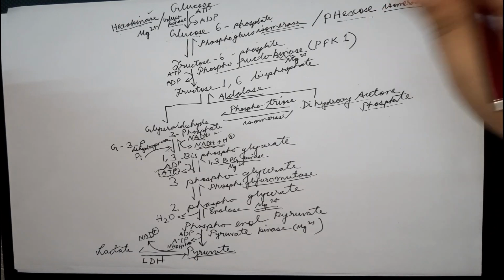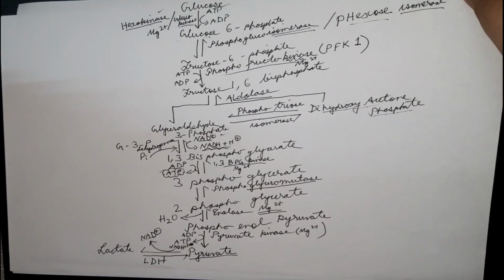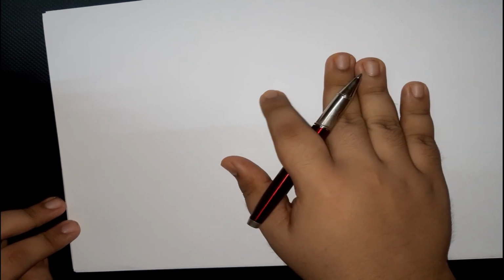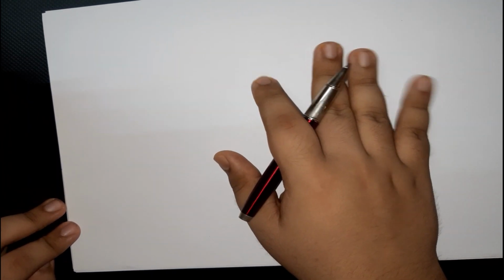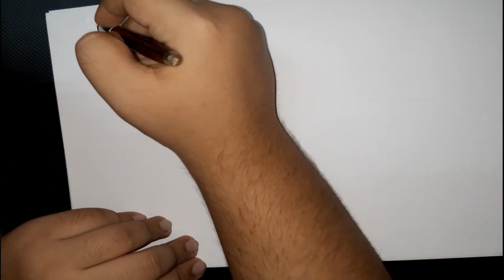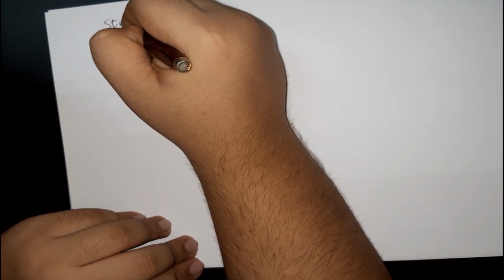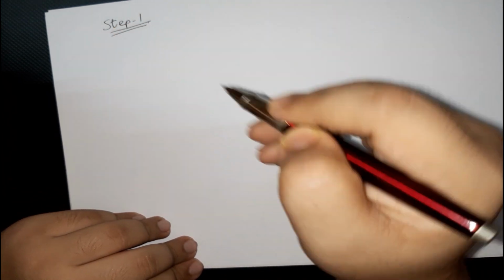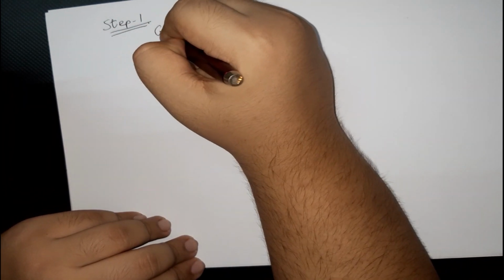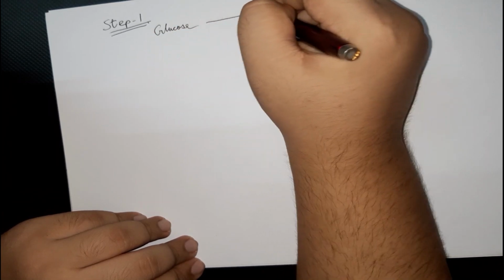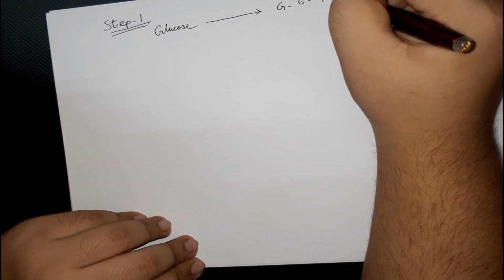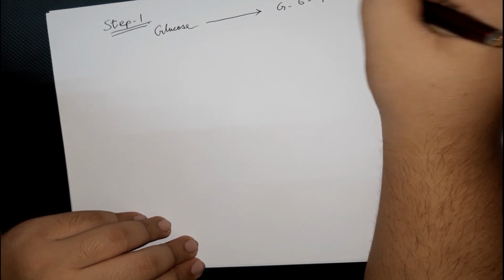Now we go into the details of the different glycolytic steps in this discussion. Let's start with step 1 of glycolysis and talk about the different details of step 1. What was step 1 of glycolysis? Obviously, glucose was being converted to glucose 6-phosphate, right?